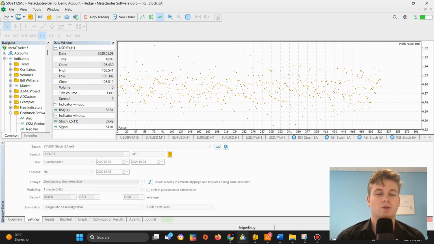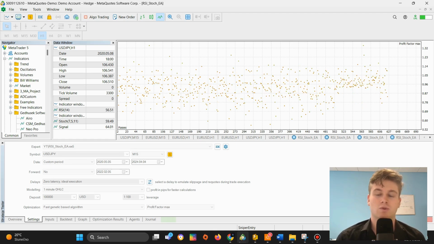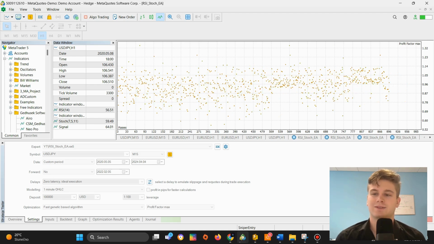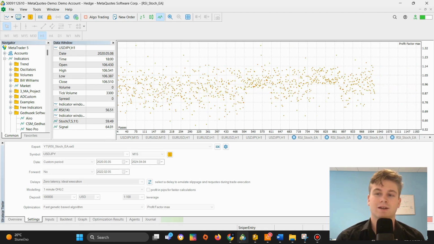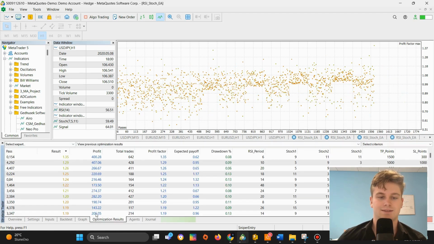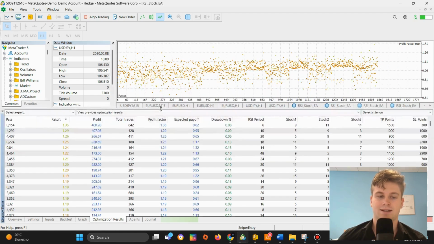And the thing with going to the lower time frame is that you open more positions, but the market noise goes up, and therefore the results of the optimization that you get are usually worse than on the higher time frame. So you can see it right here.